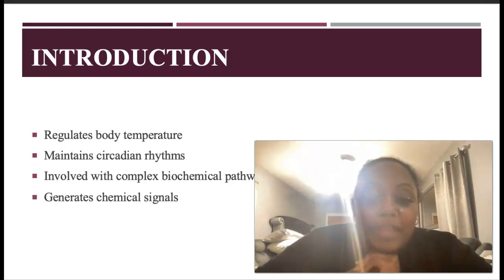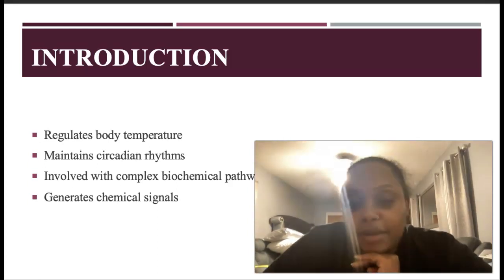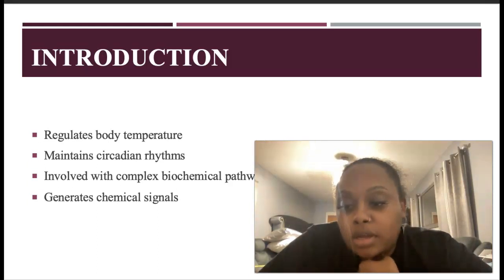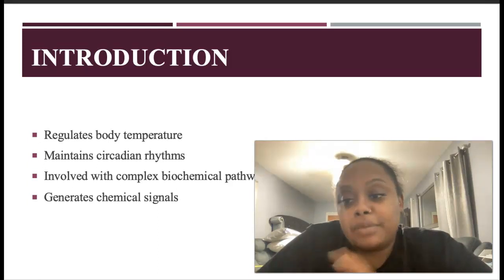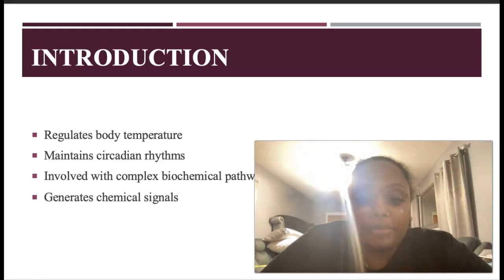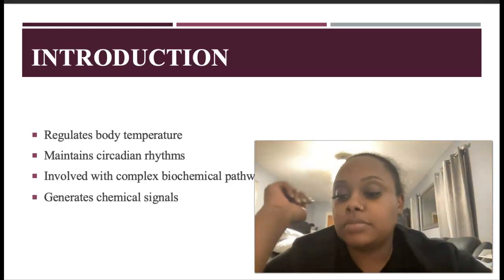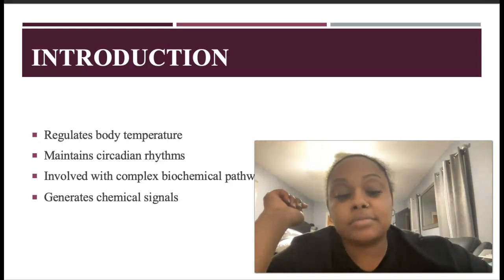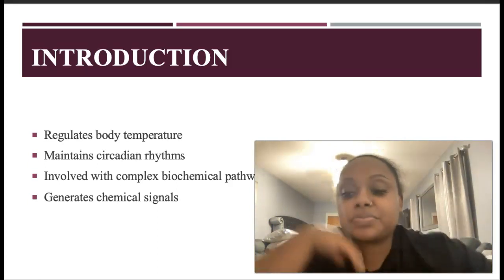A feedback loop is a process in which the output of a system is returned to its input to regulate the output. Feedback loops play an important role in the life of many species on the planet. A feedback loop is believed responsible for regulating body temperature and maintaining rhythms in many organisms.